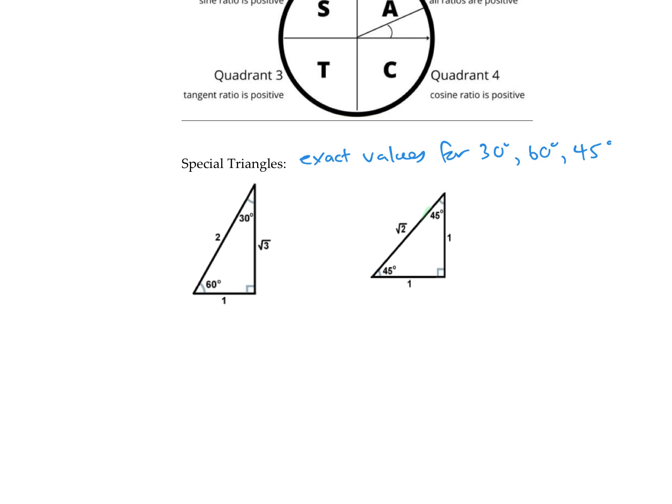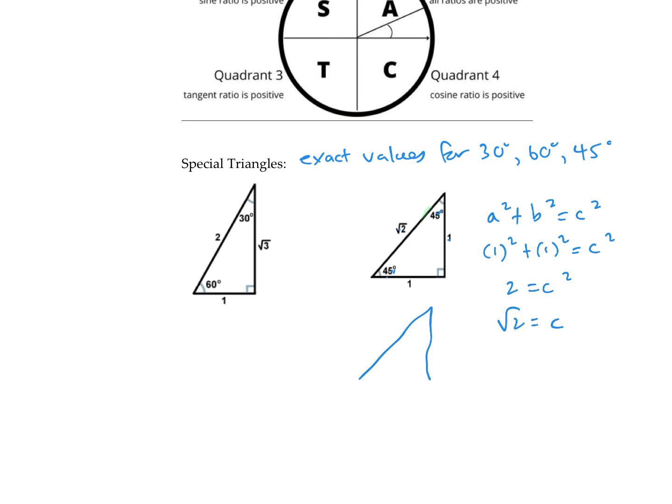If I want to find the hypotenuse, I would say a squared plus b squared equals c squared. So I've got 1 squared plus 1 squared equals c squared. That's 2. 1 plus 1 is 2, and I'd square root. So the hypotenuse would be root 2. So if I have a 45-degree angled triangle, so the two angles are 45, the ratio of the sides is always 1 to 1 to root 2.